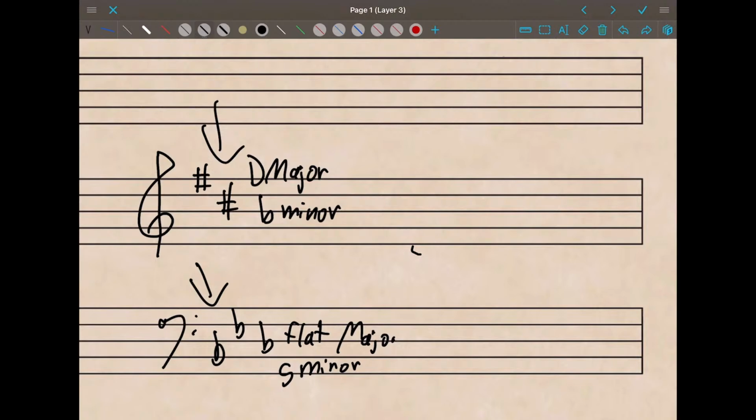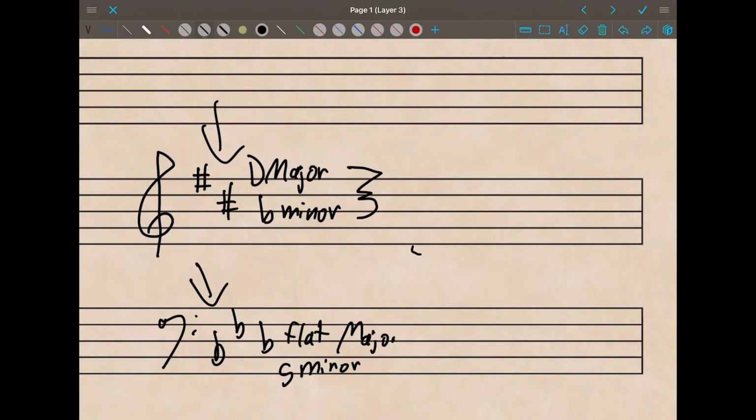When we say they are relatives, each key signature has a major key that belongs to it and a minor key that belongs to it. And it doesn't vary. So, 2 sharps is D major or B minor. 2 flats is either B flat major or G minor.